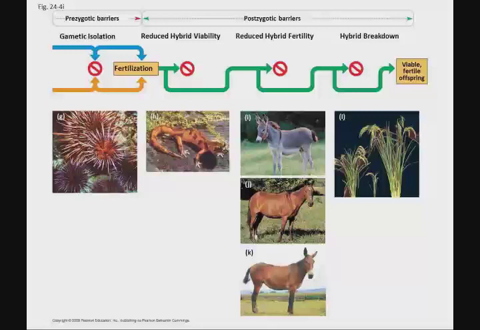So this is the classic case of a donkey and a horse making a mule. Mules apparently are very robust, very sure-footed, but they're sterile. So every time you make a mule, you have to specifically mate a donkey and a horse. So reduced hybrid fertility. And then finally, what we see most often in plants is what's called hybrid breakdown.